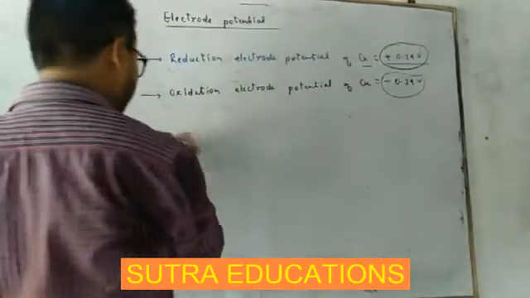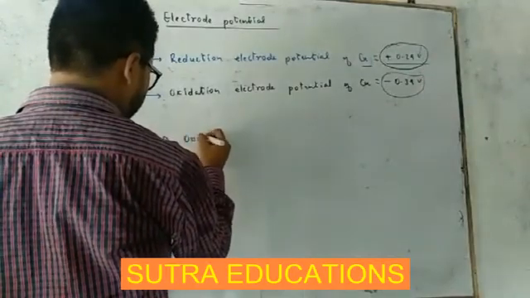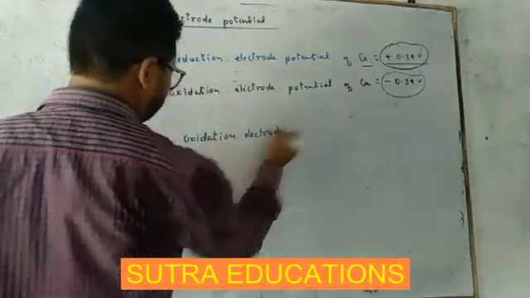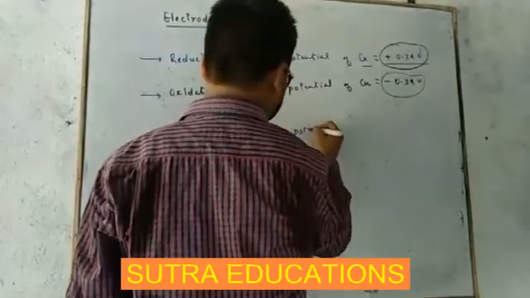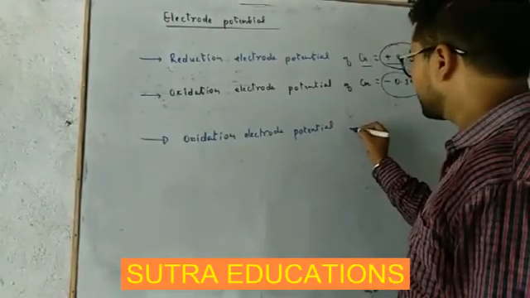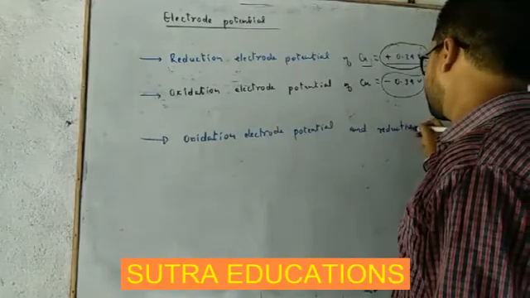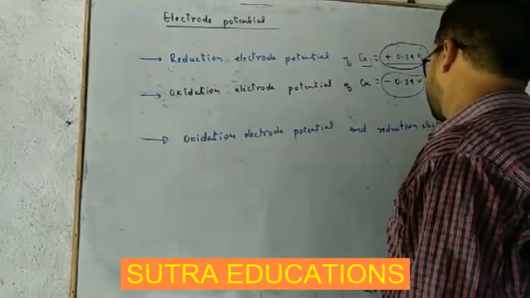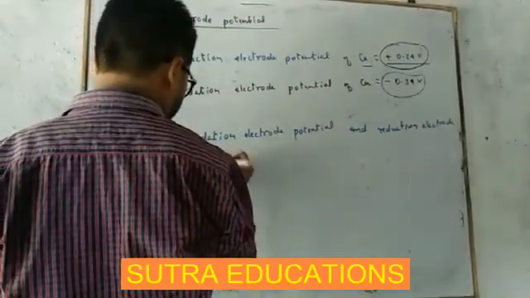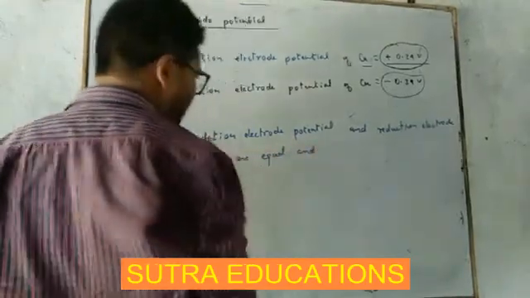So I am writing here: oxidation electrode potential and reduction electrode potential are equal and opposite.